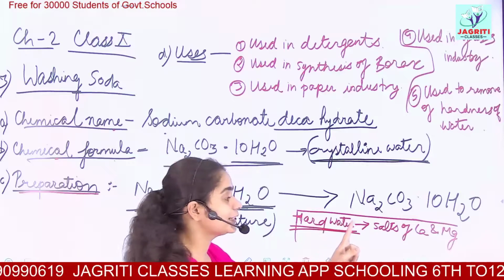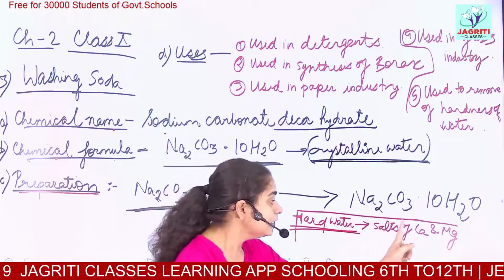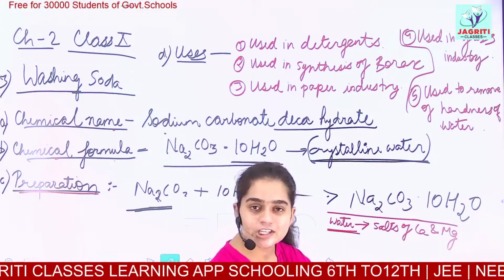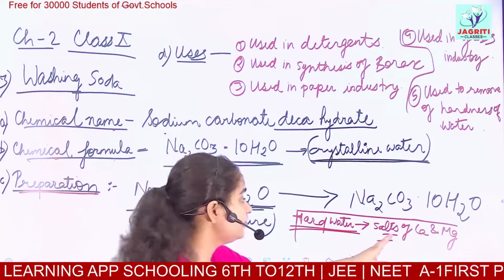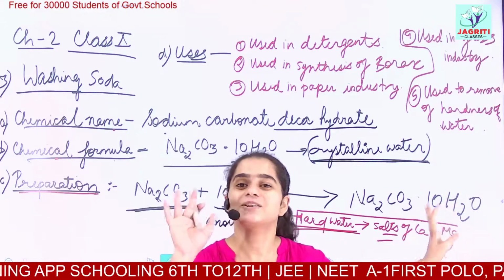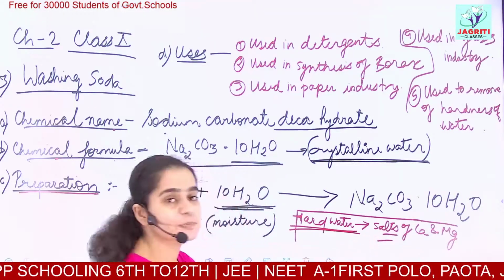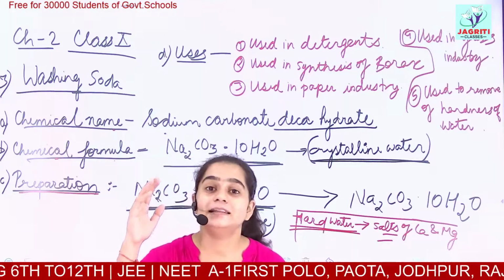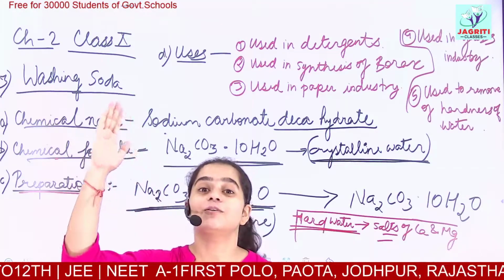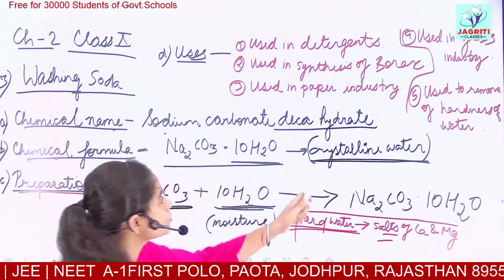So hard water is nothing but the water containing different salts of calcium and magnesium. And the salts can be various like calcium sulfate, calcium chloride, magnesium sulfate. So these are the salts present in hard water due to which the soap does not perform well. And therefore we had the discovery of detergents. So this is what hard water means.